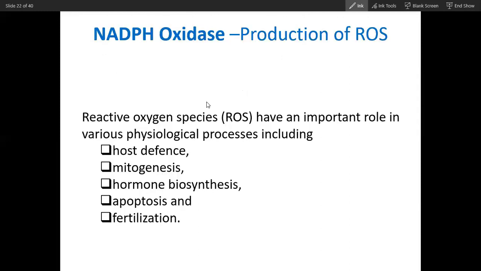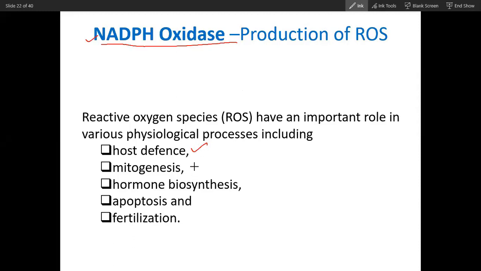Now let's see this other enzyme deficiency. Let's talk about this other enzyme. This enzyme is NADPH oxidase. NADPH oxidase is involved in host defense. As I have told you, it is involved in immunity and thyroid hormone production. We will see the clinical significance related to immunity.